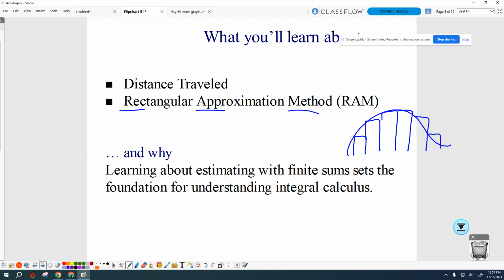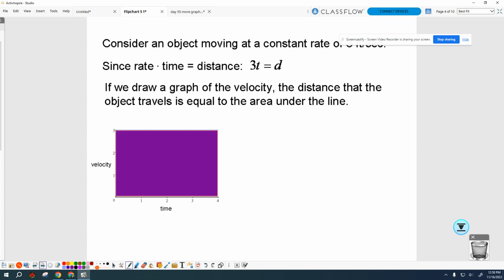Depends on if you're thinking of it sideways or straight down, doesn't matter. The width will be easy for us to find. And then there are different kinds of rectangle methods. I have to tell you where you're going to find the height. Do you find the height using the left side, the right side, the middle, something else? We're going to do those today.